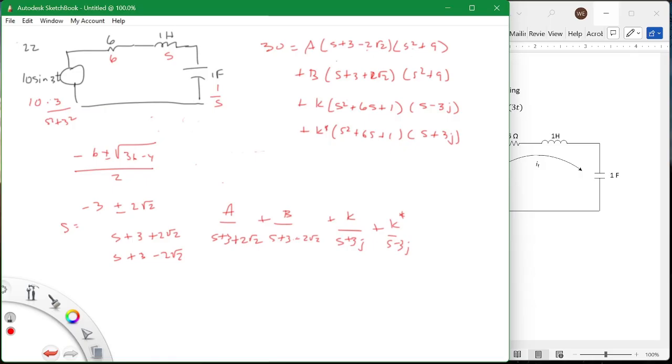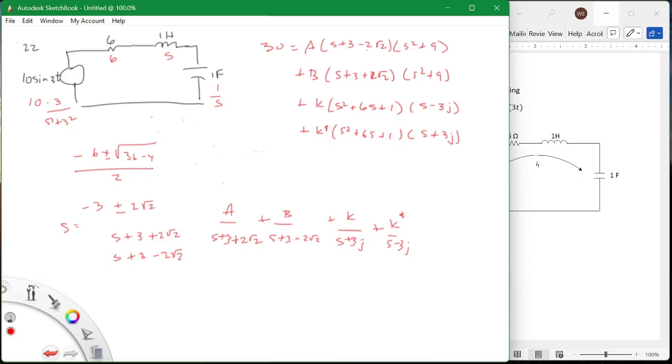Now, all you've got to do for A is say let s equal minus 3 minus 2 square root of 2. And the rest of them all drop out, and the only thing that's left is minus 2 square root of 2 times 2.